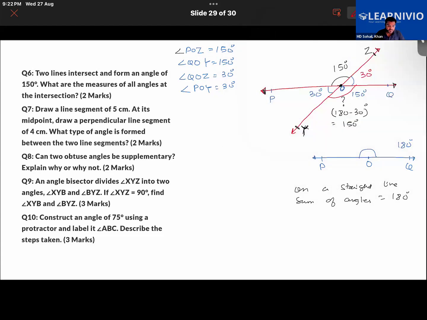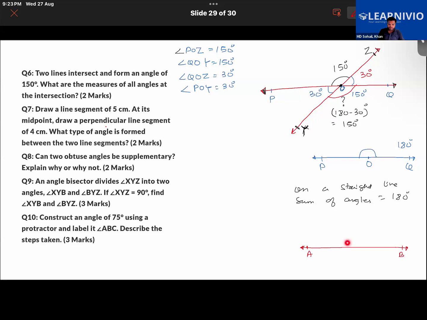Okay, let's go to the seventh question now. Draw a line segment of 5 centimeters. First we have to draw a line segment and name it AB.